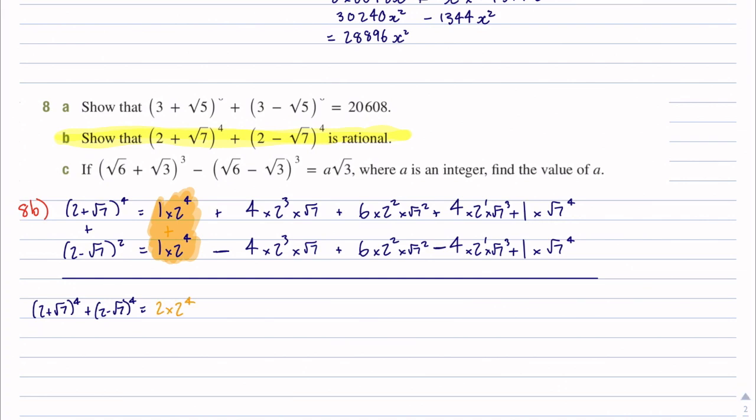Now, what happens here as I add them? Because they're the same, what's 4 times 2 to the 3 times root 7 plus negative 4 times 2 to the 3 times root 7? They cancel out.